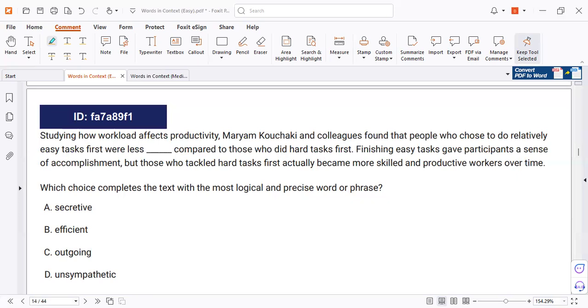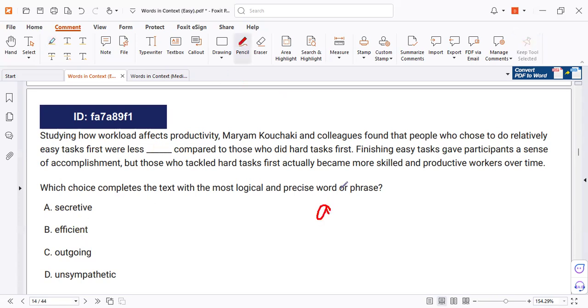What does the outgoing mean? It's C. Letter C, no. Remember, this is an adjective.